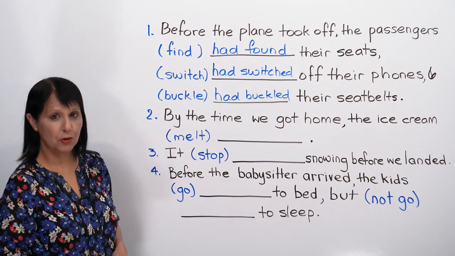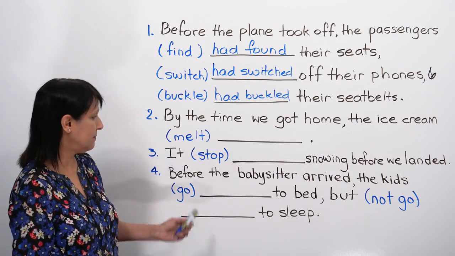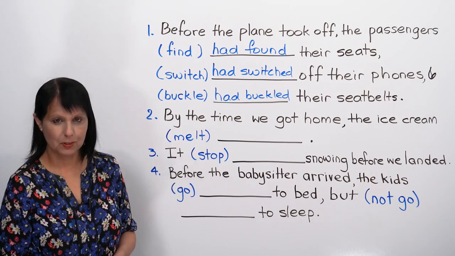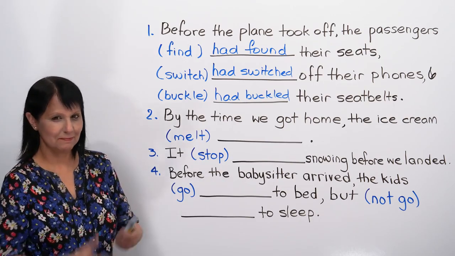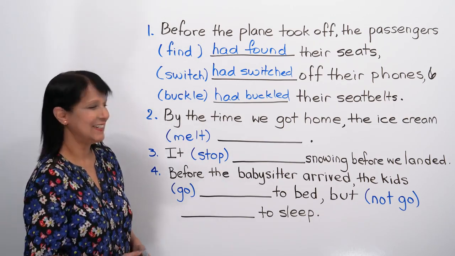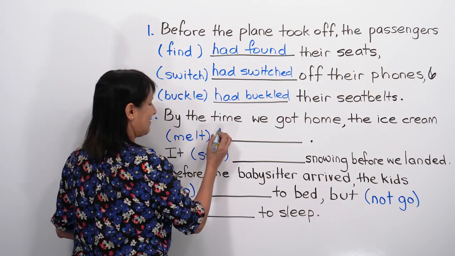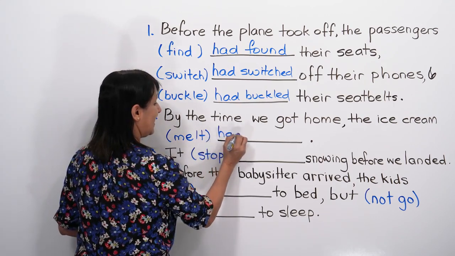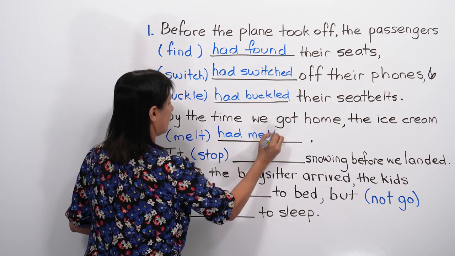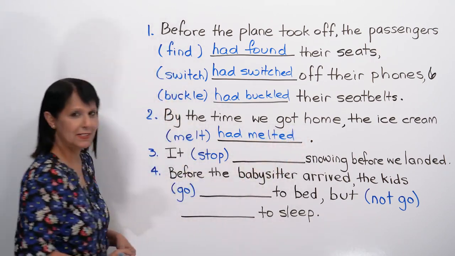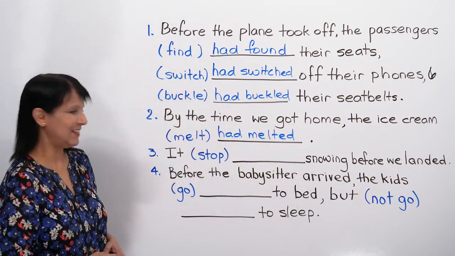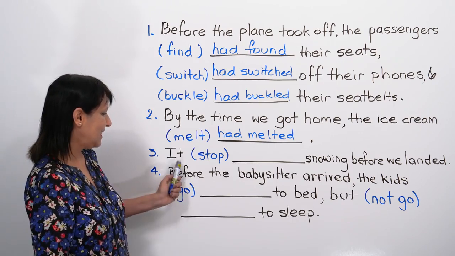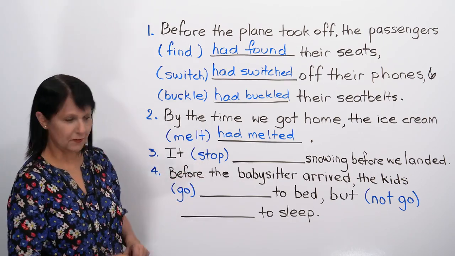By the time we got home, the ice cream, use the verb melt, melts, okay? The ice cream, what will we say? Had melted. Okay? Good. Excellent. Let's read the whole thing first.